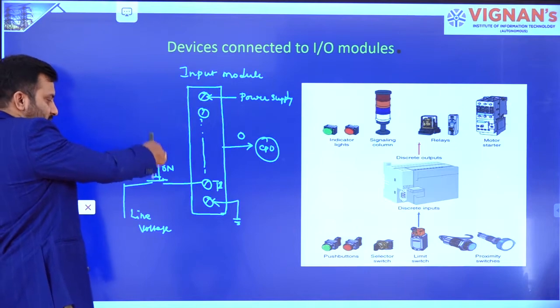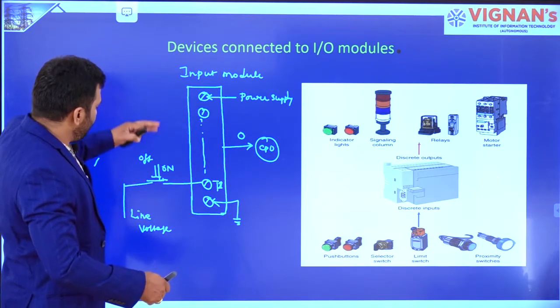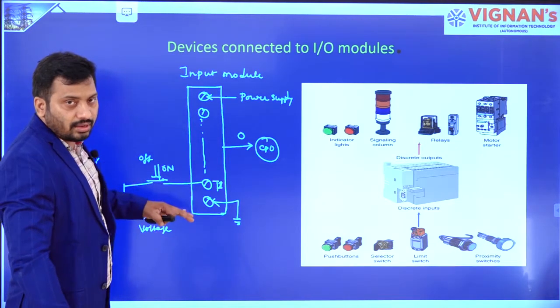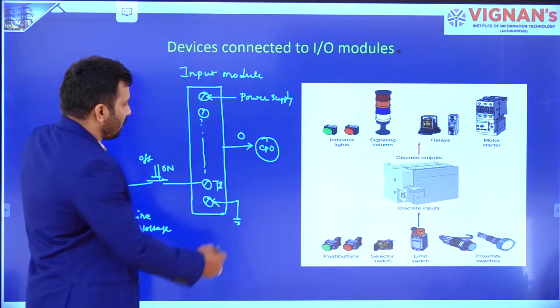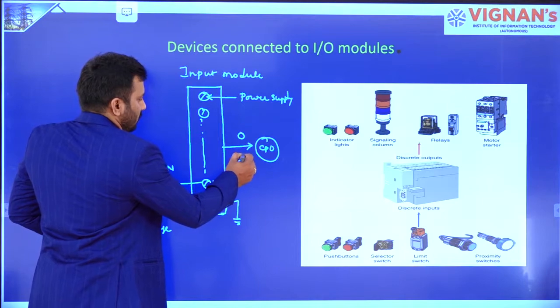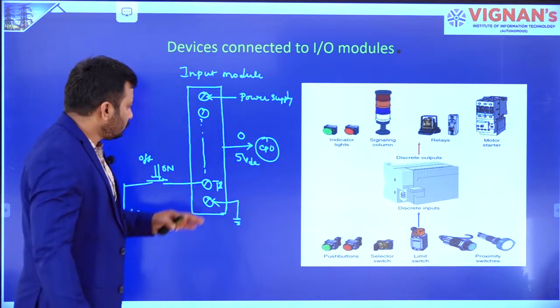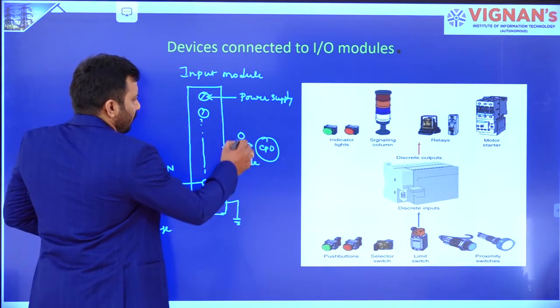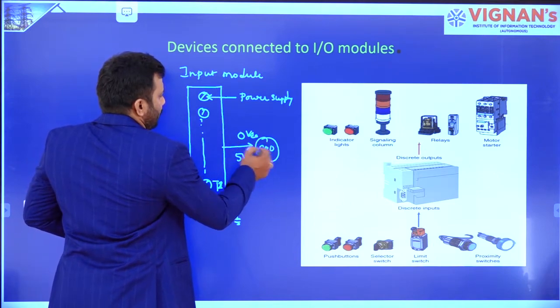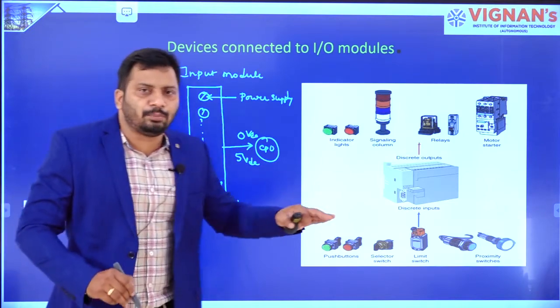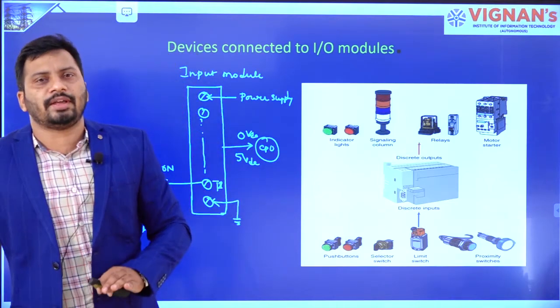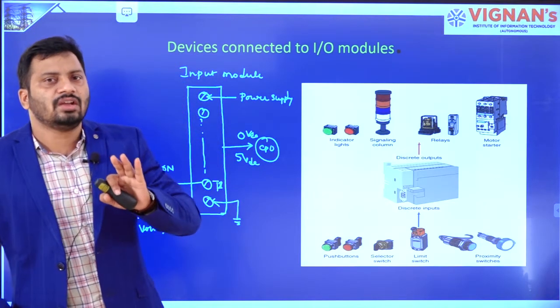If you press the push button, this circuit is going to be closed, so the voltage acts like an input, and finally you get 5 volts DC. So 0 volts DC as input to the CPU means the CPU is going to take 0. If it is 5 volts DC as input to the CPU, it is going to take it as a 1, right?